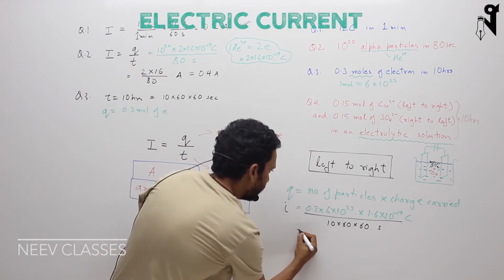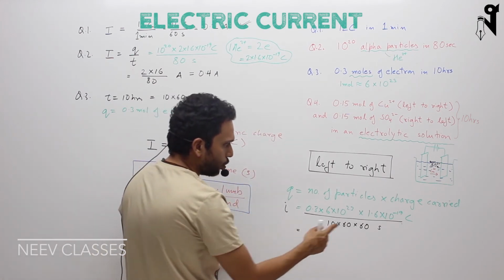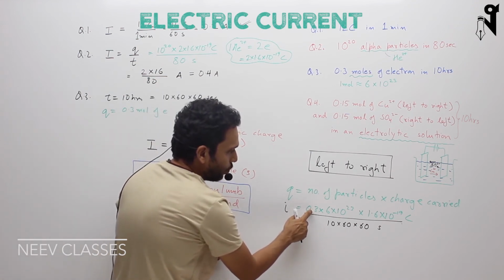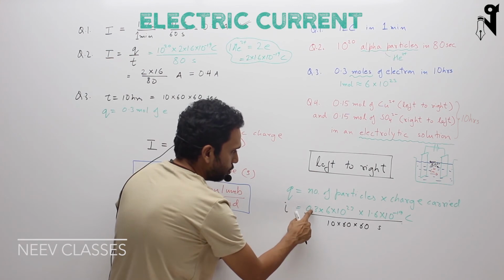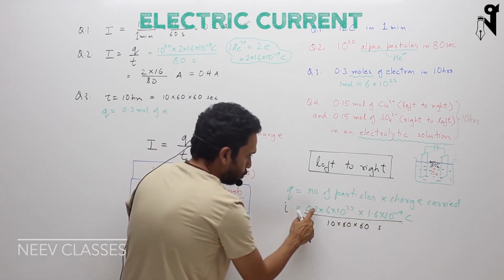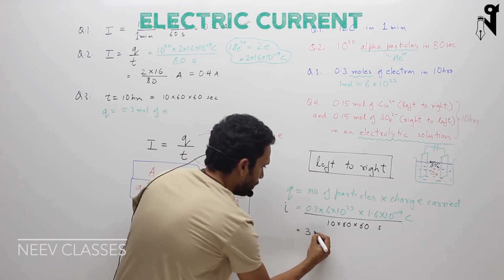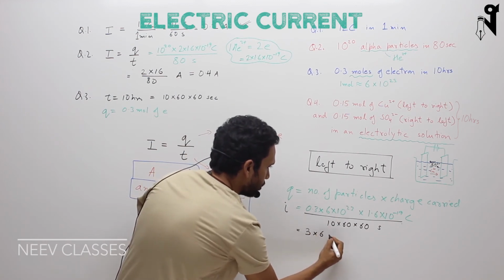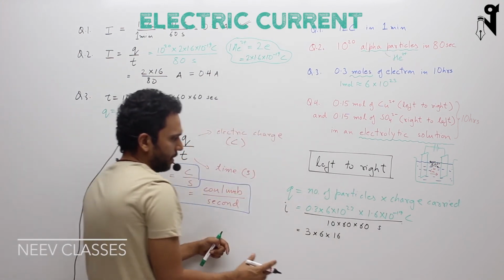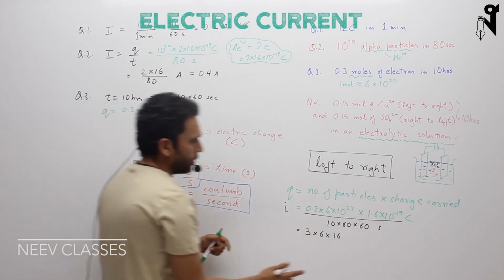So I'll just rewrite it and use those zeros to make these decimal values proper values. Out of the 4 extra zeros I'm having, I'll use one zero to make 0.3 a 3. The 6 is a 6. 1.6 I'll make it a 16, so that I'm at ease with my calculations.